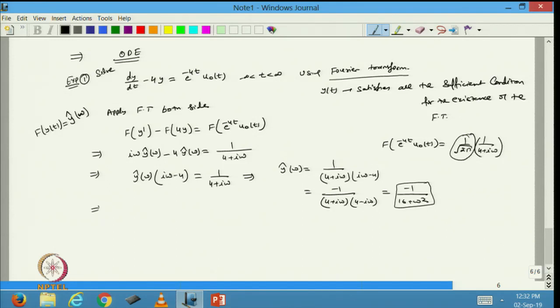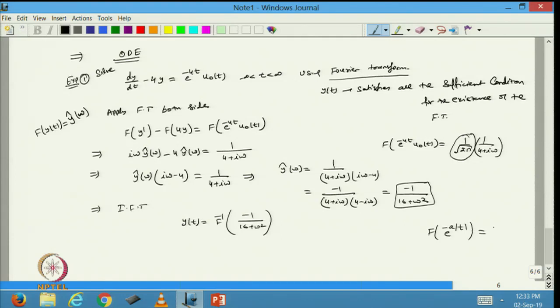Now, I have my solution in y(t). So now I have to take the inverse Fourier transformation. The inverse Fourier transformation of y(t) will be F inverse of minus 1 over 16 plus omega square. And if you remember, we have taken the Fourier transformation of the function e^(-a|t|).